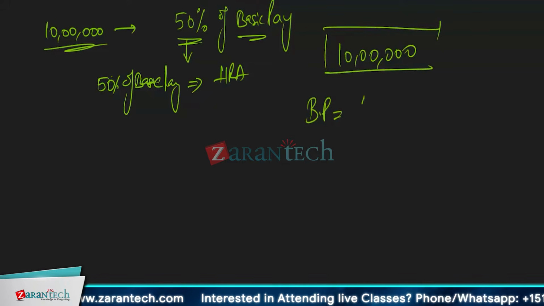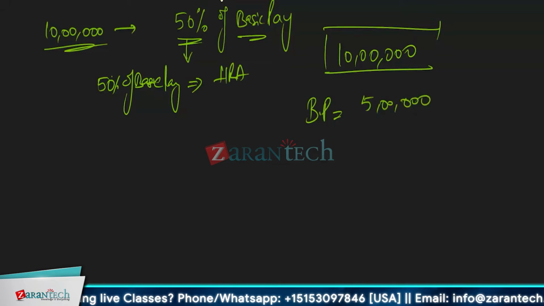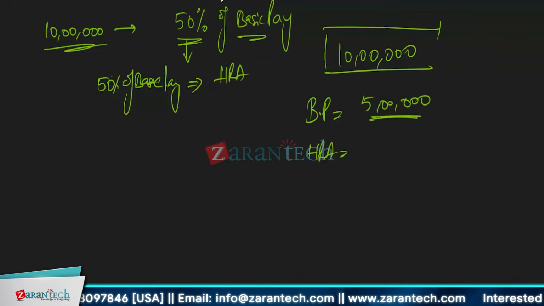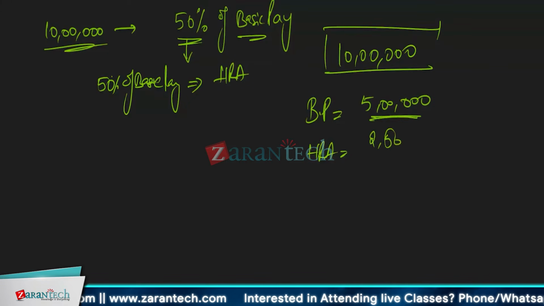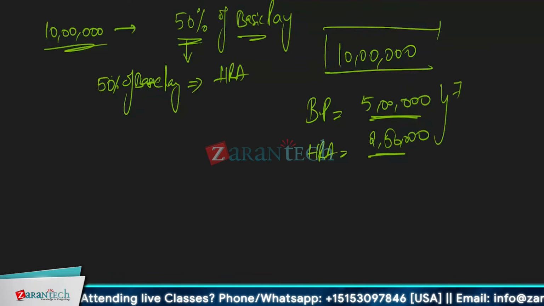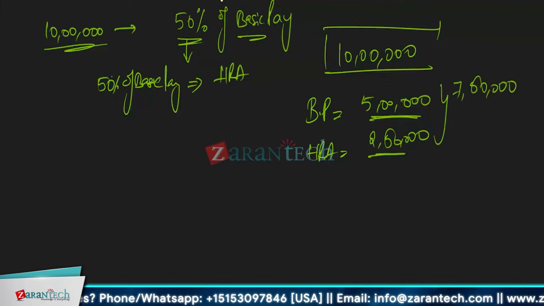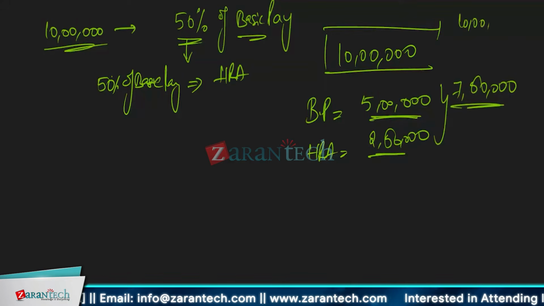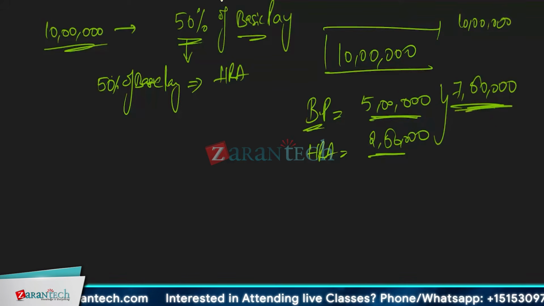It will be 5 lakh per year, and HRA is 50% of basic pay. So what is 50% of 5 lakh? 2 lakh 50,000. So out of 10 lakhs, 7 lakh 50,000 you have already used as basic pay and HRA.